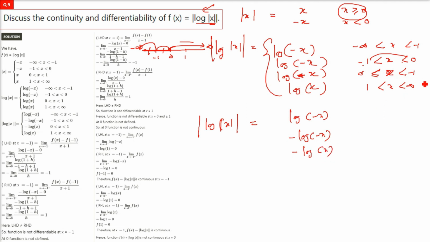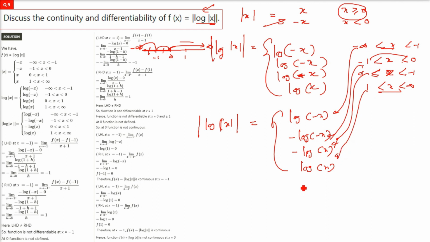Whatever is there, write it. But for -1 to 0 and 0 to 1, I am placing a negative in front of it. That is why I have to put a negative sign. Got this? These are the 4 intervals we talked about. If you are well versed and you understood this, the question is easy like a cake.